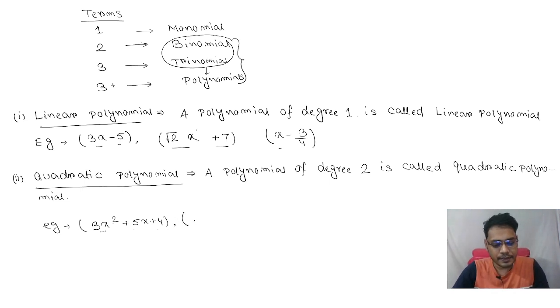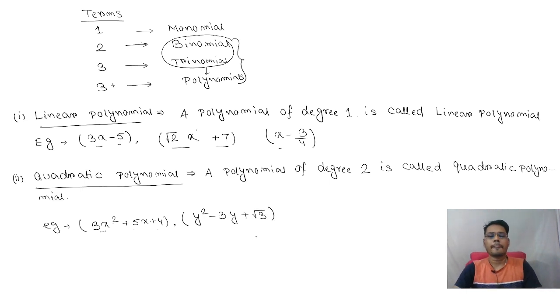Another example, you can write y square minus 3y plus root 3. It is also called the quadratic polynomial. Why? Because it is a polynomial and the highest power of y is 2. So this 2 denotes that it is a quadratic polynomial.